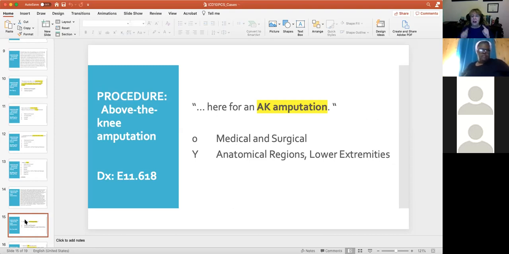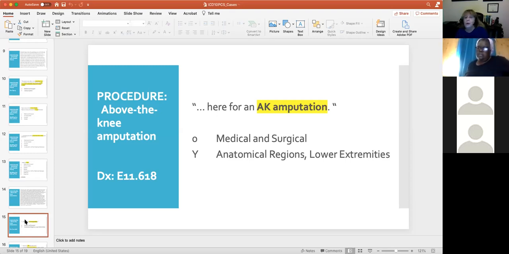And anatomical region. Now remember, in this amputation, we had the skeletal system involved, we had the cardiovascular system involved, we had the muscles involved, we had the derma, the skin involved. So how would you know what body system to look for? It'll be lower, because it's below the waist.